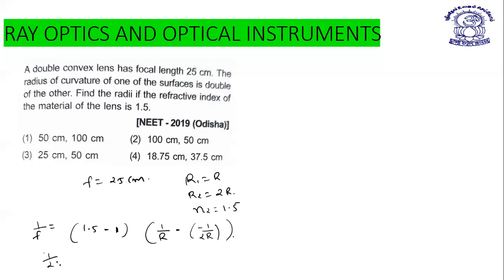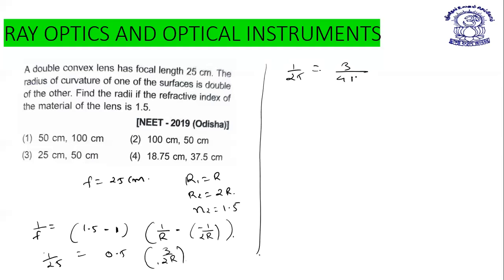Focal length is given 25 centimeter, so 1 by 25 is equals to 0.5 into 3 by 2R. So 1 by 25 is equals to 3 by 4R.